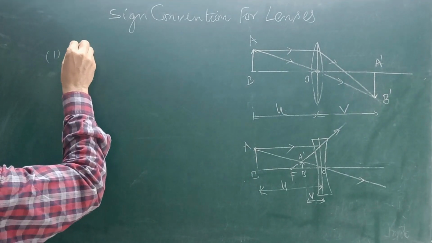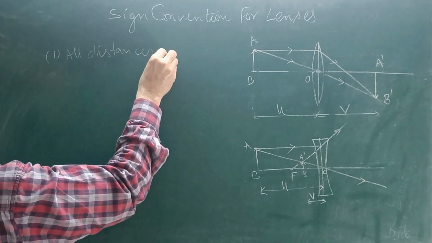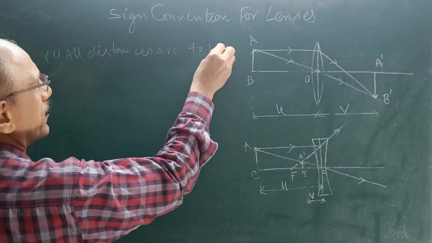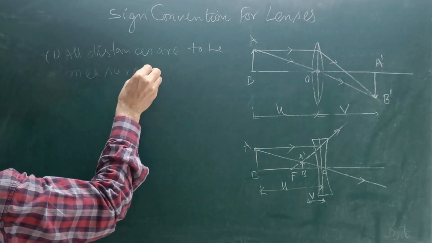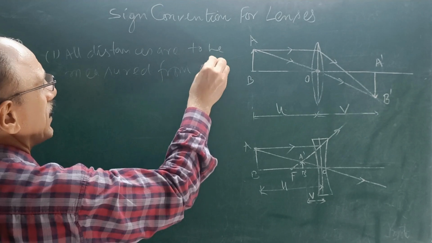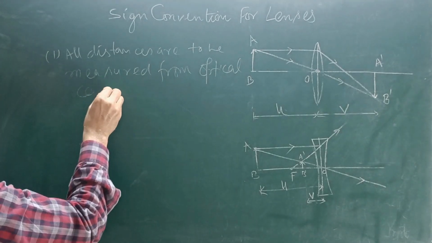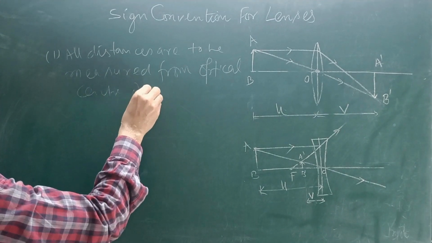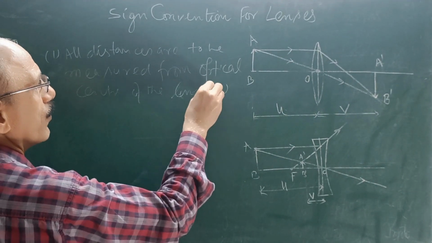So all distances are to be measured from the optical center of the lens, that is O.